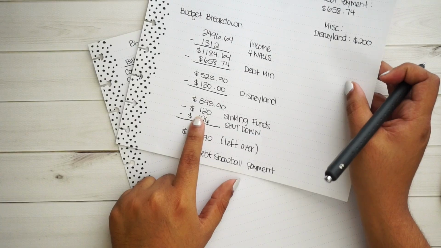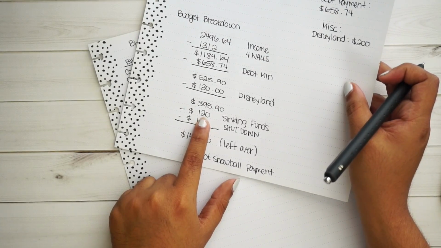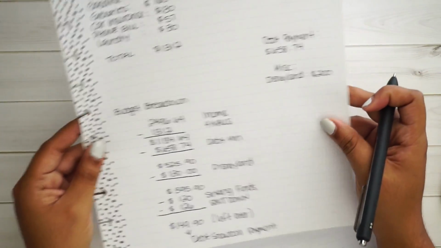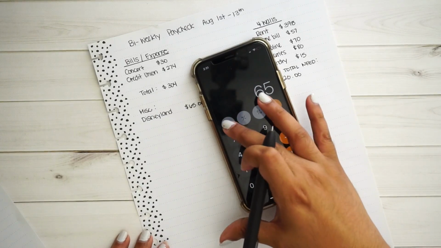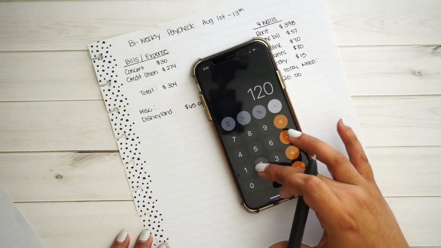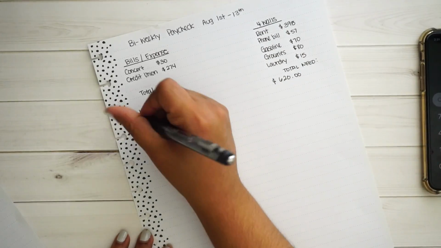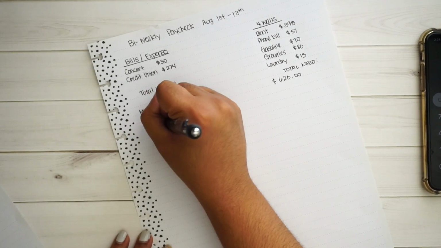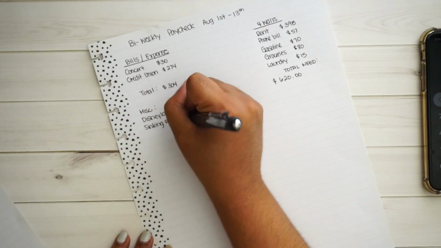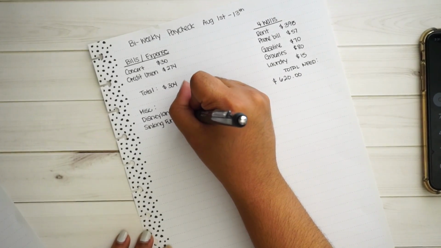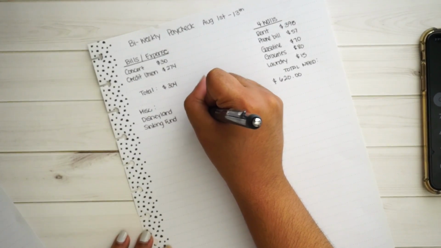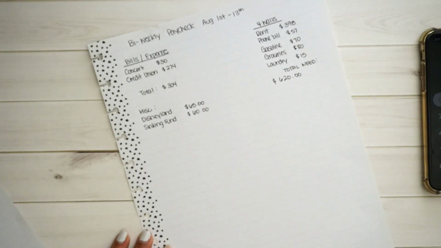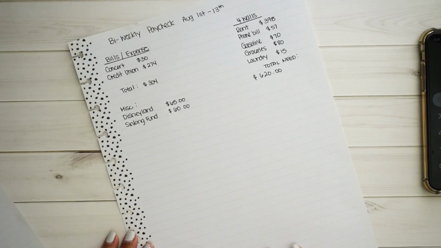I had a total budgeted amount of $120 for the month. So half of that is 60. So let's do 120 divided by 2. 60. So sinking funds, I want to be able to fund this. And for that to happen on track with my goal for the month, I need to be able to fund 60 if I can.